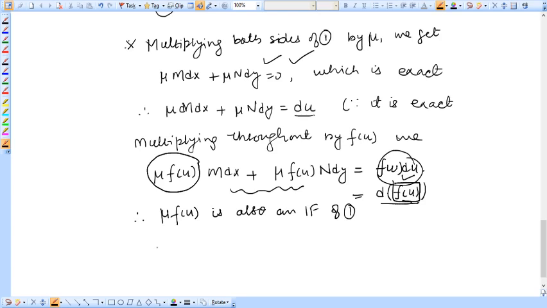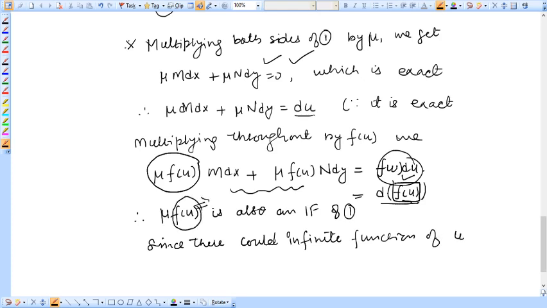Since there could be infinite functions of u, because this is a function of u, right?